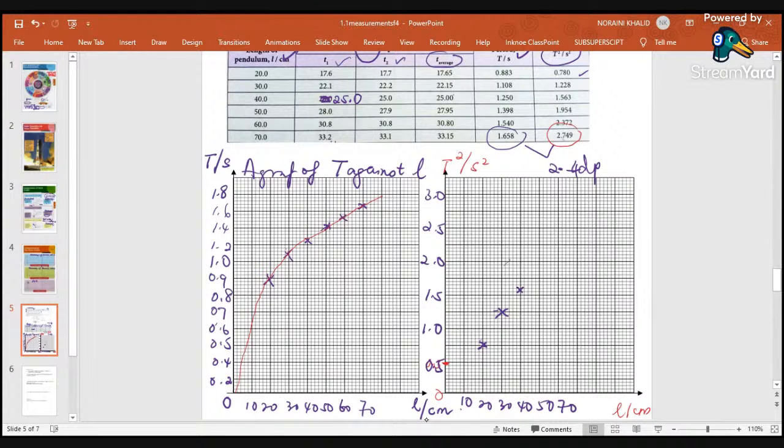Next 1.95, 50, 1.95. Then 2.37, 60. We missed out 1.60. Then 70, and 2.75.